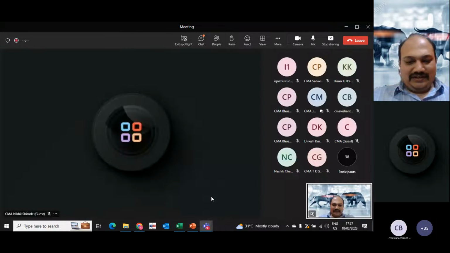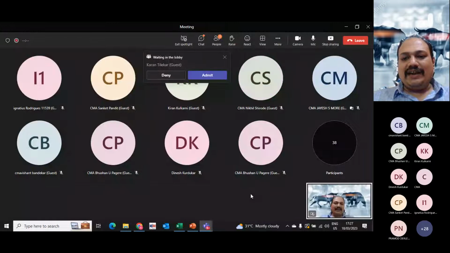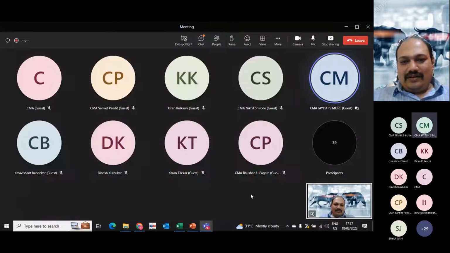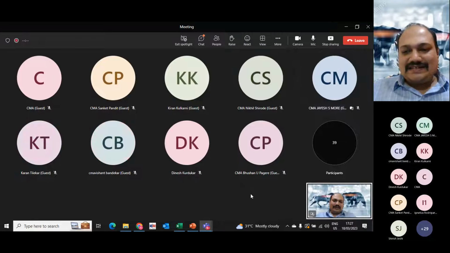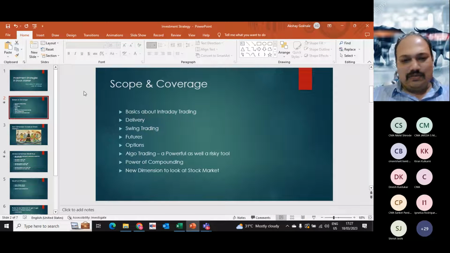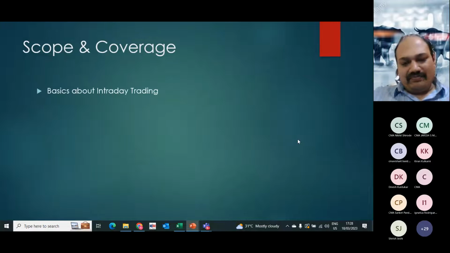Now the thing is that intraday trading is a tool where we can earn money as well as lose money. Am I right? Can you tell me how many people can earn in intraday trading? 1%?